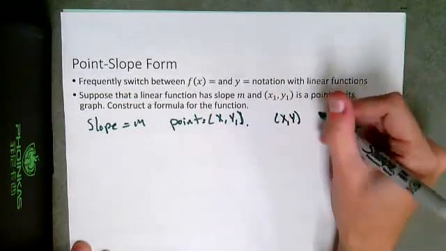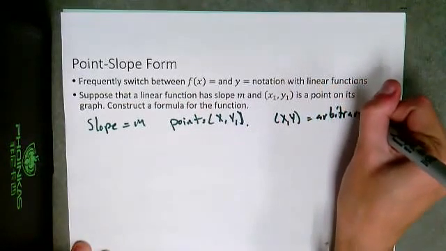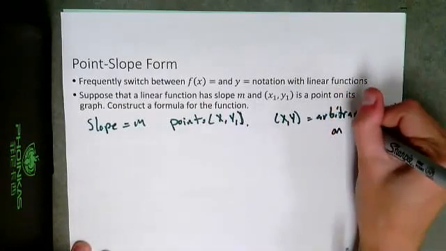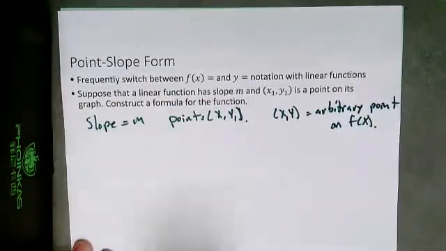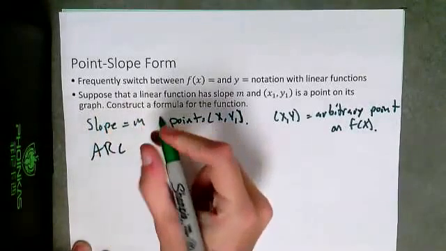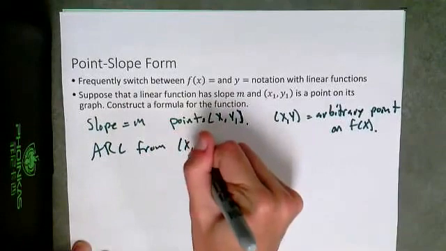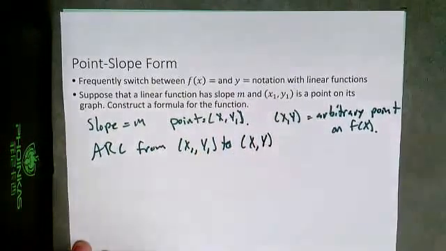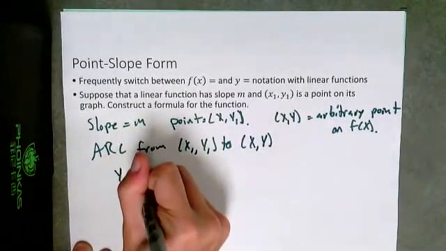Yeah. So now let x, y be an arbitrary point on the graph. This is an arbitrary point of f of x. So the average rate of change from x1, y1 to x, y is going to be the following.